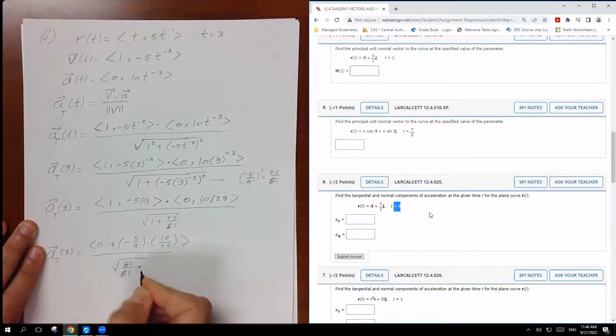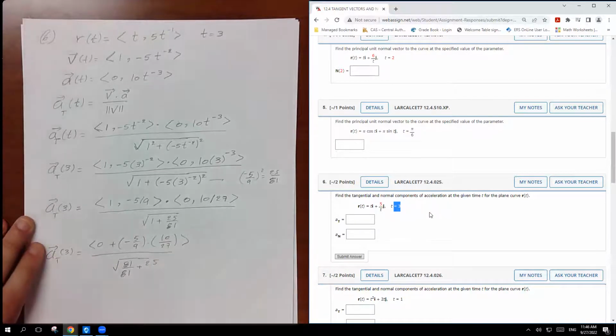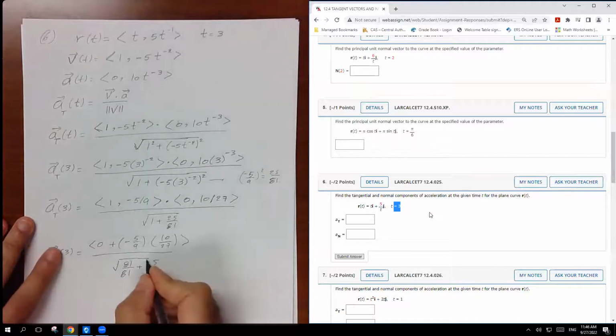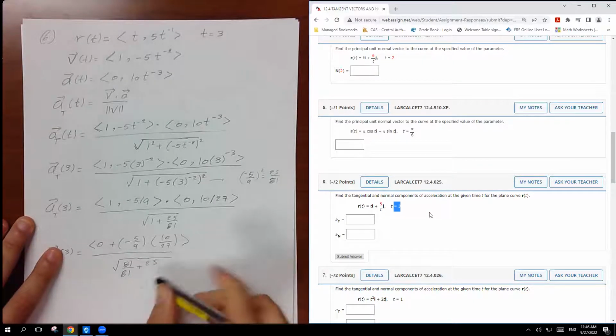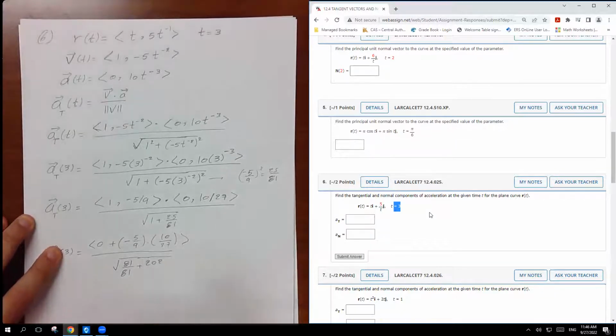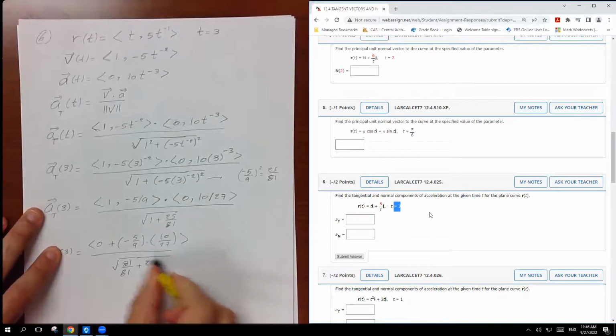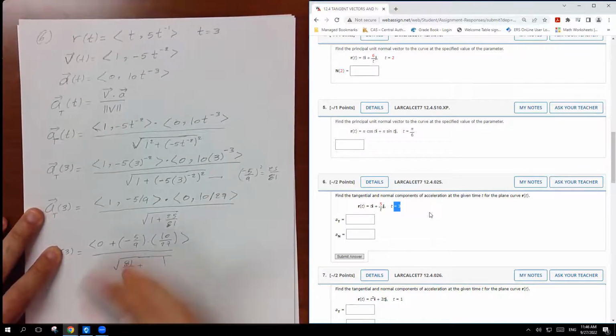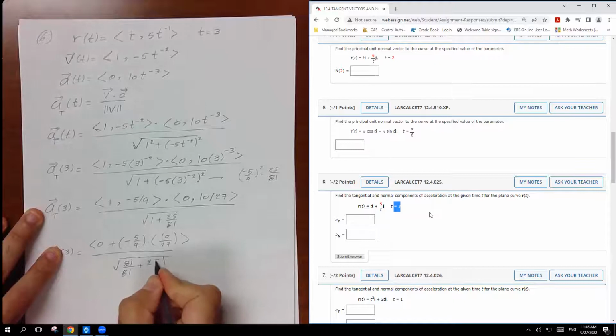I'm just finding the common denominator. That one already has the denominator of 81 though. Oh yeah, you're right. So 25, perfect, over 81.